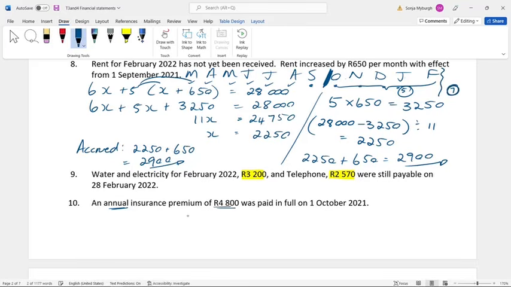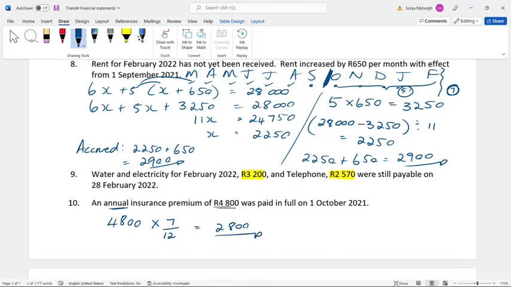This is for a year. So the 4,800 was for a year, of which 7 months is in advance for the next financial year. So 2,800 in advance.